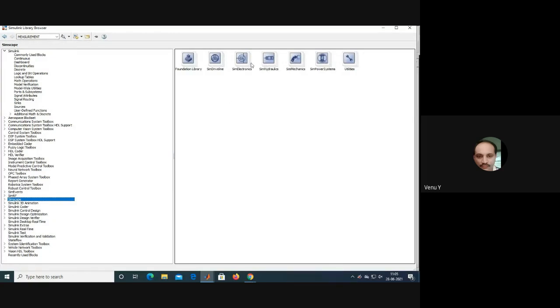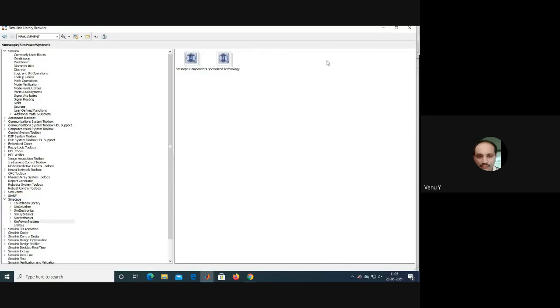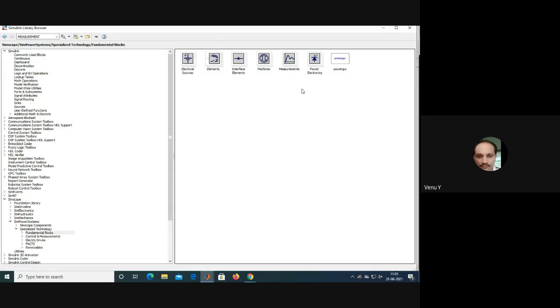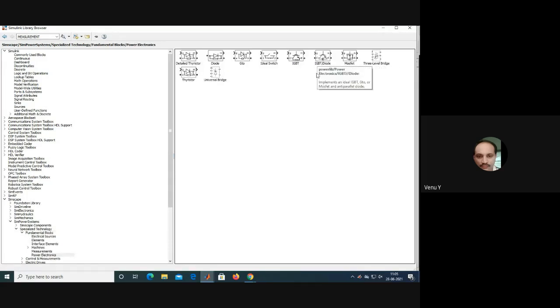Simscape, Sim Power Systems, specialized technology, fundamental blocks, power electronics. This is the three-level bridge. You can get it.